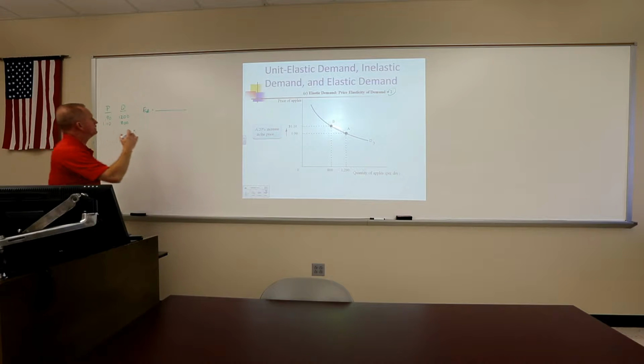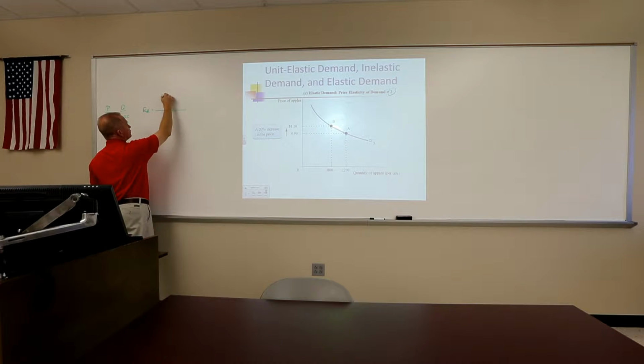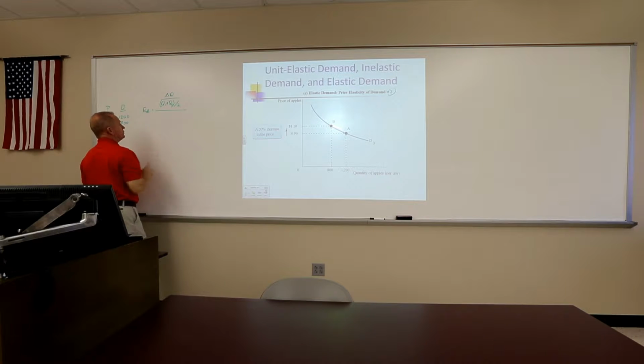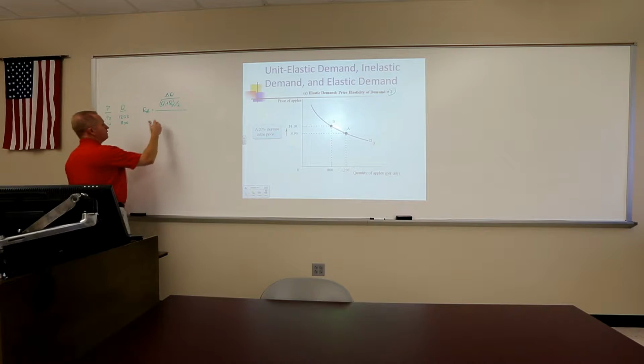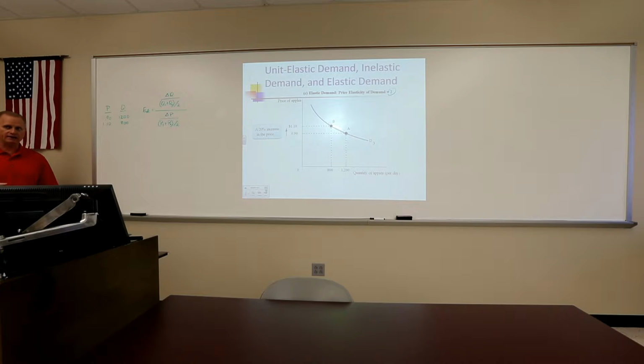What you'll do is take the change in Q. Remember I said I like to do it this way. And you'll divide by the sum of Q1 plus Q2 divided by 2. And then the change in P divided by the sum of the prices, and divide that by 2 to get the average. So again, this is the midpoint or average method.